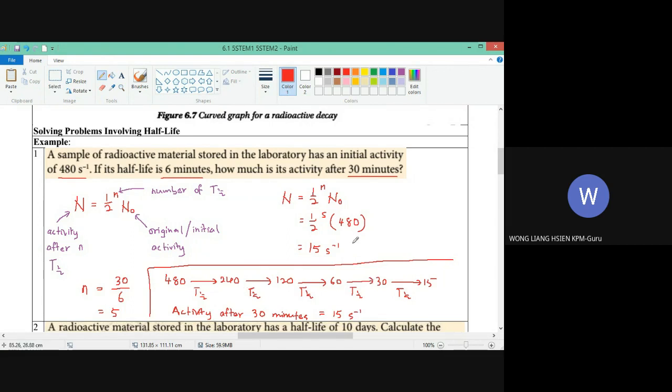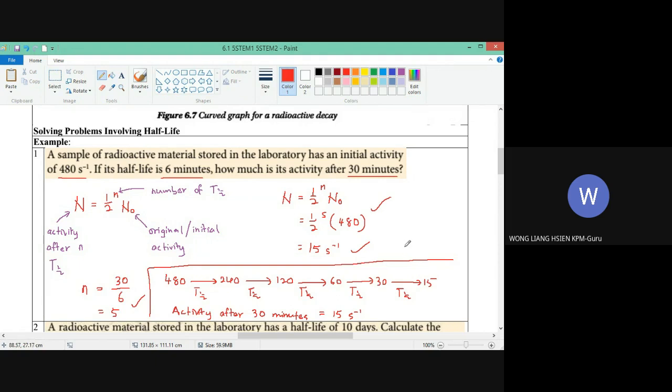So you see, usually this type of question is either 2 marks or 3 marks. For example, if it is 3 marks, to calculate the number of half-lives you get 1 mark. You substitute correctly in the equation, you get 1 mark. And then the final answer, you get another 1 mark.